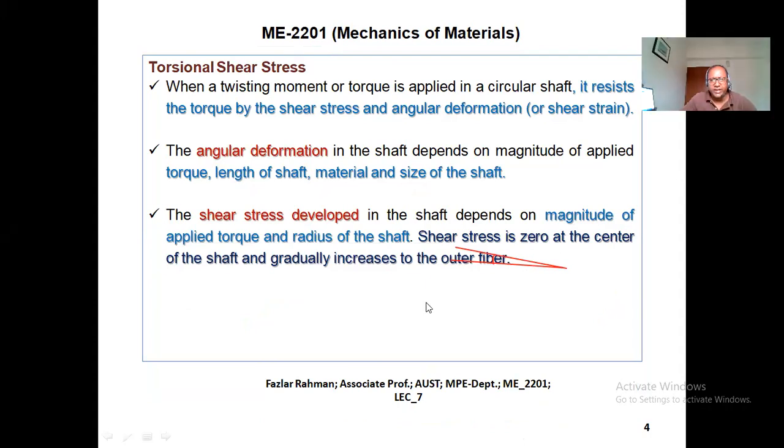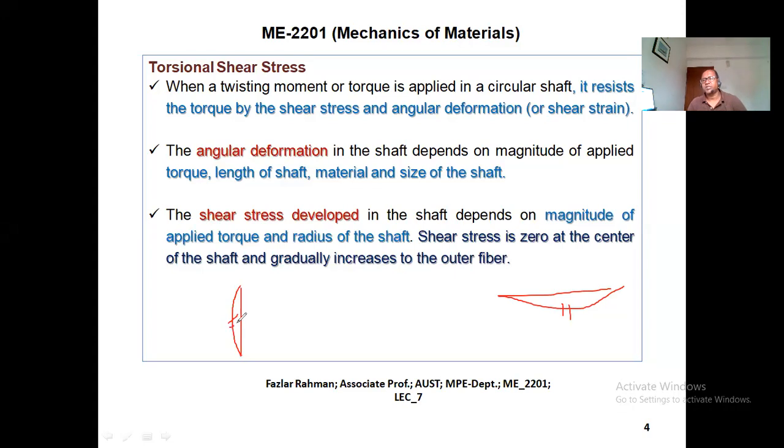What I would like to say is that when you apply torque, two things happen. It will generate shear stress inside the material, and it also deforms the material. Similarly, everywhere, if there is a stress, there will be deformation. If you have a beam and apply load, you bend it, which means there is stress and deformation. If you have a column and apply compressive load, it deforms, which means there is deformation and also stress.